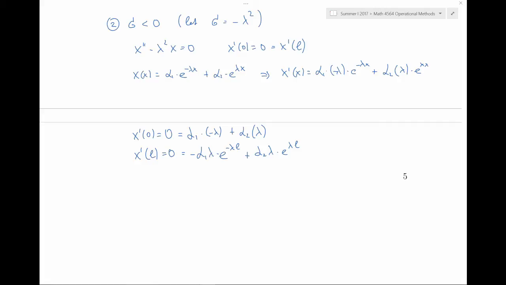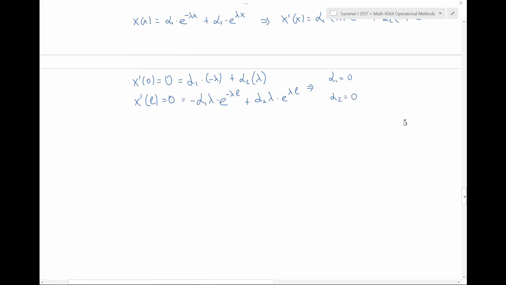Lambda must be non-zero, and unless L equals 0, this system of equations has a unique solution, and that unique solution is alpha 1 equals 0 and alpha 2 equals 0, which leads to a trivial solution X equals 0.